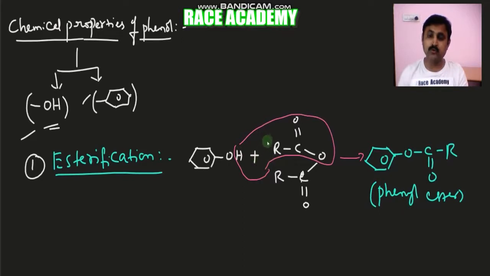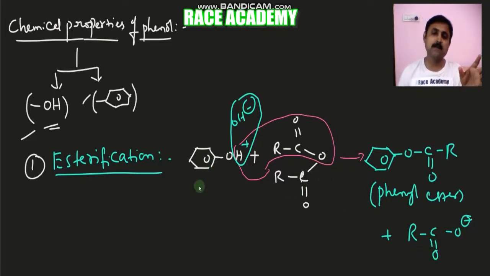And if you do the chemical reaction in the basic medium, this H plus goes with the OH minus ion and the rest becomes RCOO minus. So this is the actual chemical reaction that takes place when acid anhydride reacts with phenol.